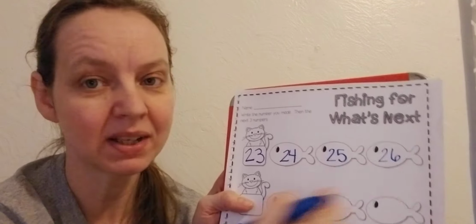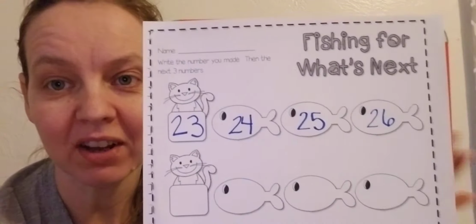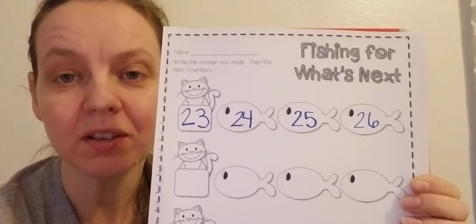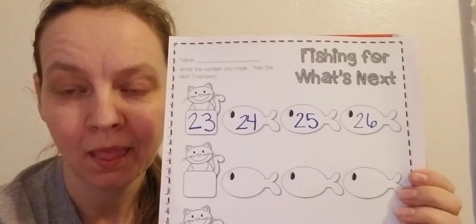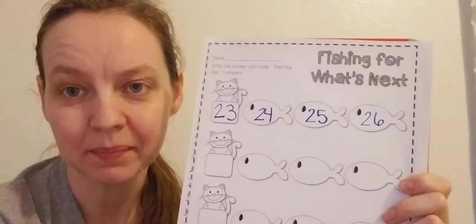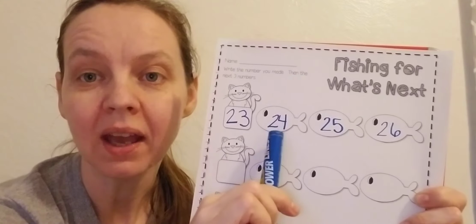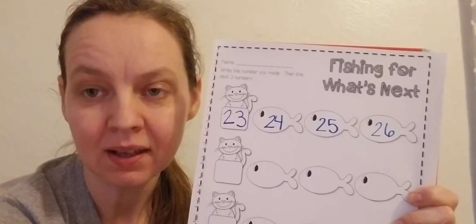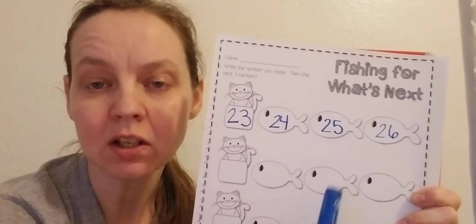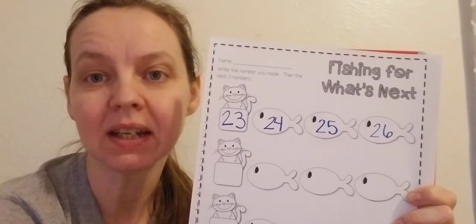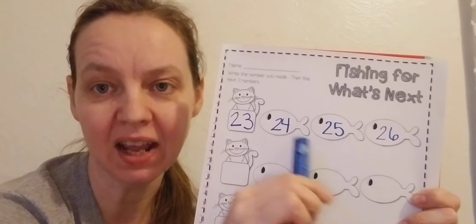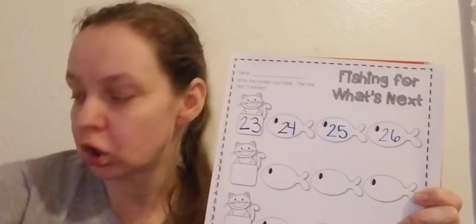So I want a 2 and a 6. Check yours. Make sure you have it correct. 23, 24, 25, 26. All right, awesome. So if I say 20, what's the first number that I want to see? If you were writing anything in the 20s, if I said 28, you would put a 2 first and then an 8. So anytime you hear 20, think 2.